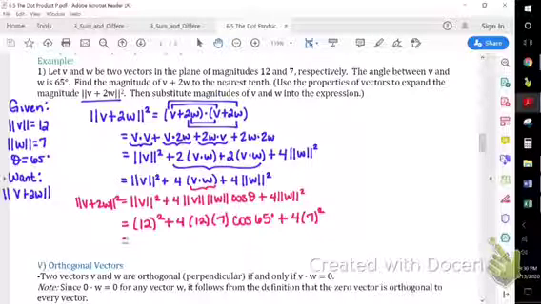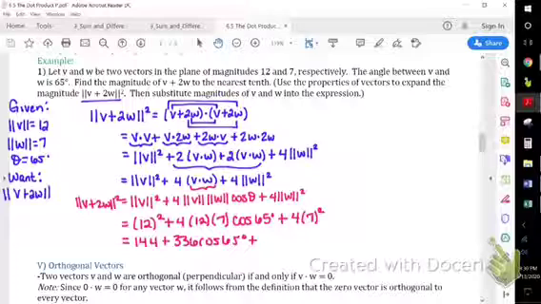I'm going to simplify this a little bit, but if you're good with your calculator, you could just type it all in. So this is 144 plus 4 times 12 is 48 times 7, which is 336, cosine of 65 degrees, plus 4 times 7 squared, that's 4 times 49, which is 196.